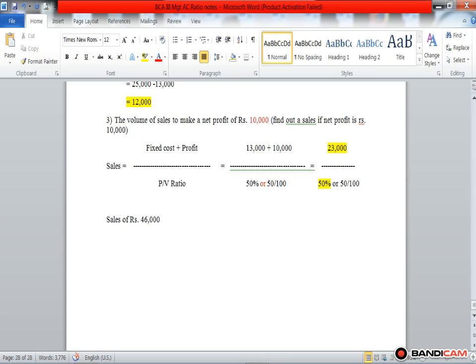And using this formula we can calculate another way: 23,000 divided by 50 upon 100. We reverse this, 50 divided by 100 becomes 100 divided by 50, and multiply.